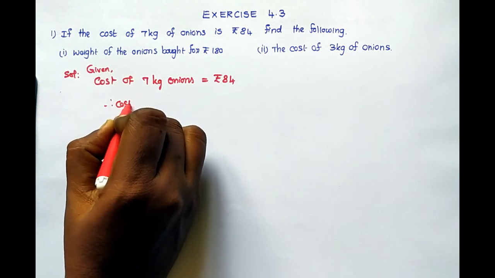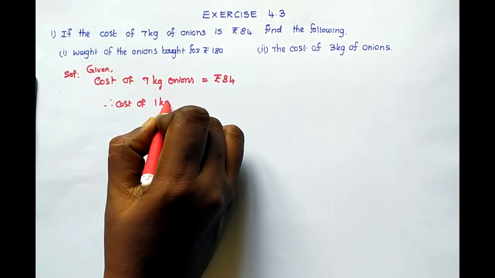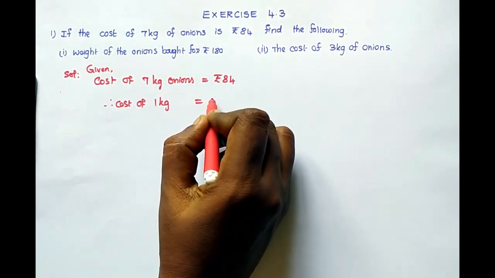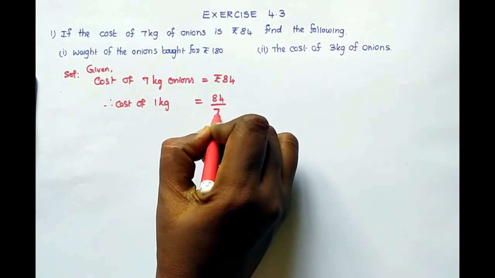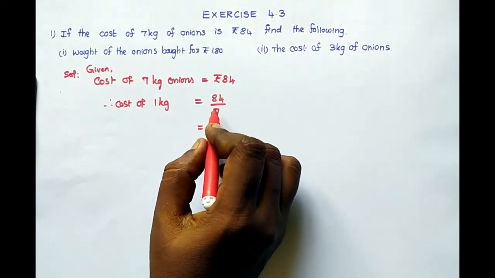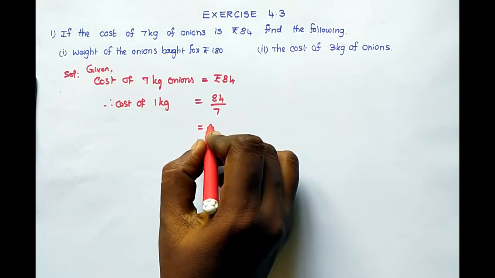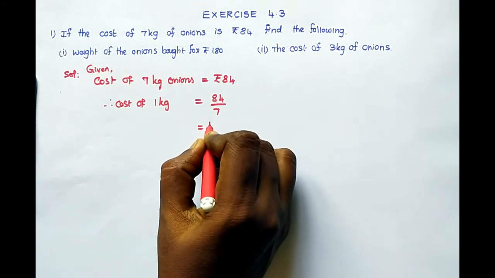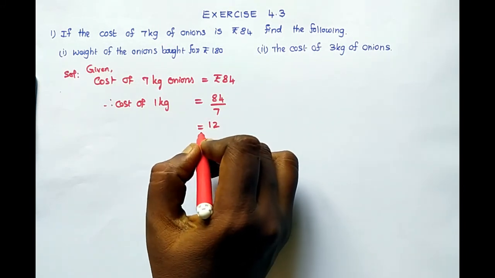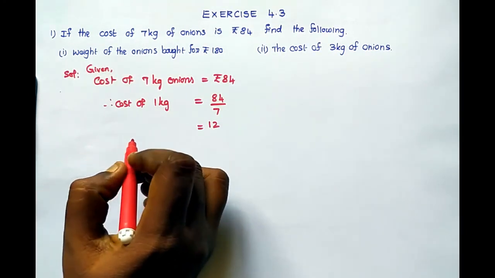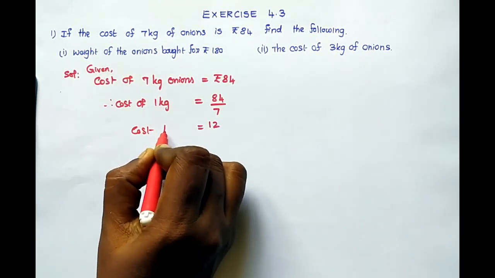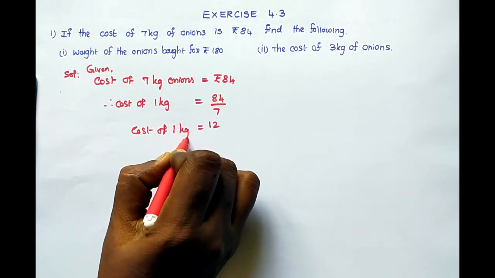Therefore, cost of 1 kg equals 84 divided by 7. How many times? 12 times. So 12 rupees is the cost of 1 kg.